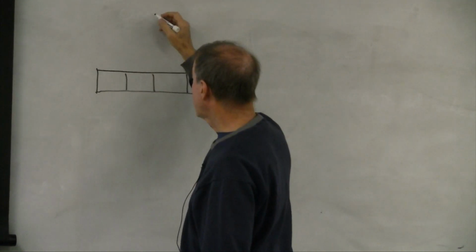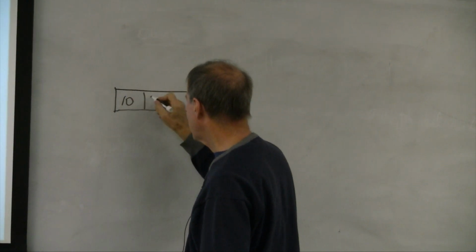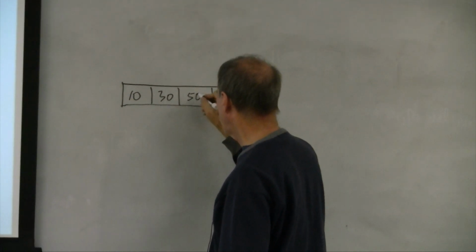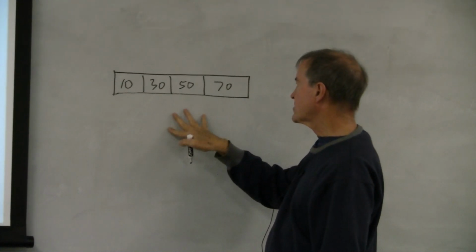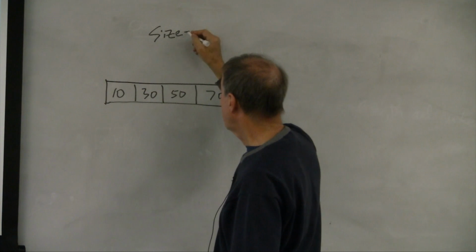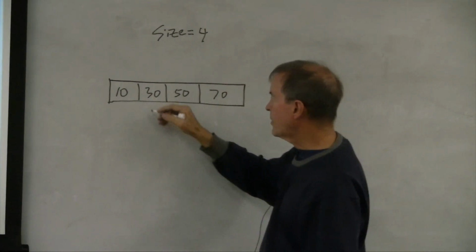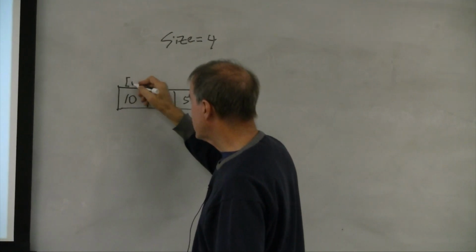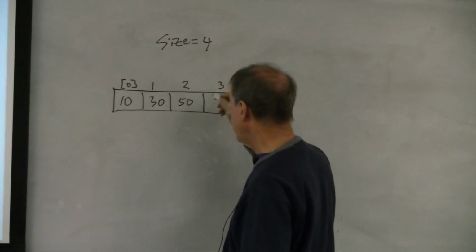Let's suppose that this is 10, 30, 50, 70. And so the size of this is what? What's the size of this node? 4. So you understand this is data sub 0, this is data sub 1, sub 2, sub 3.